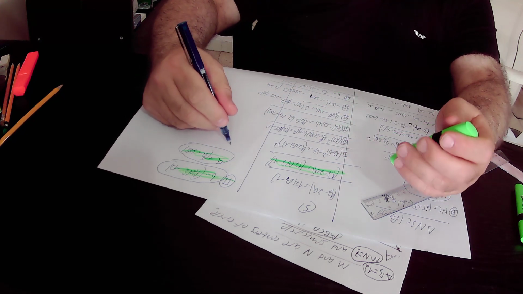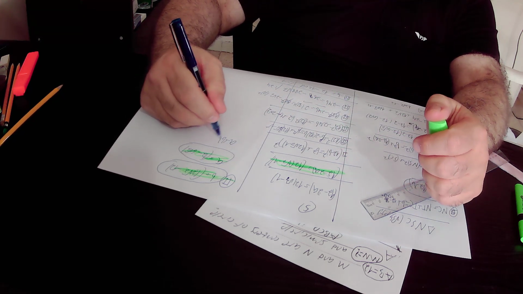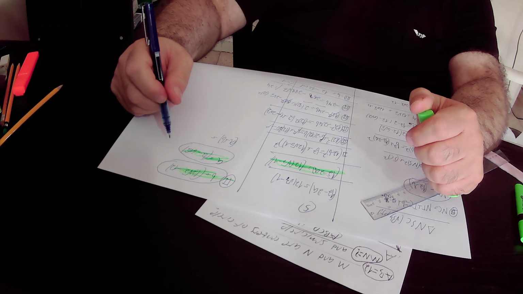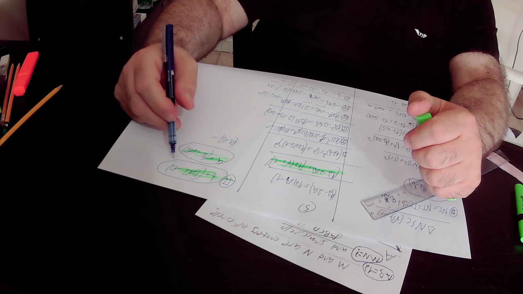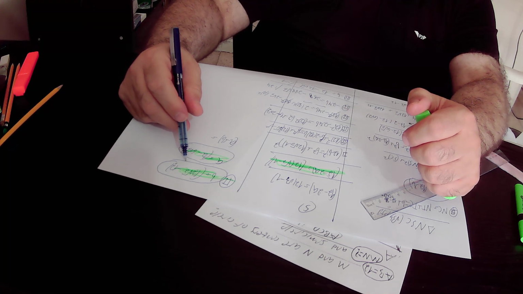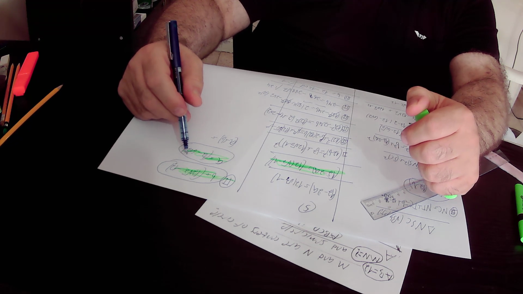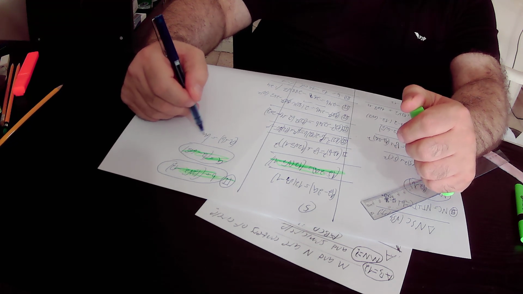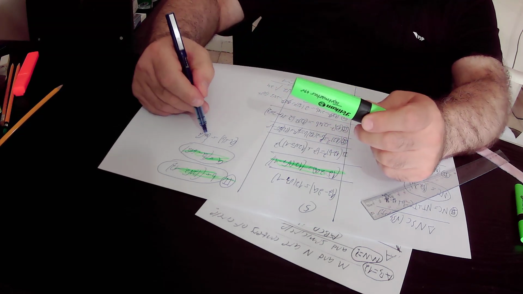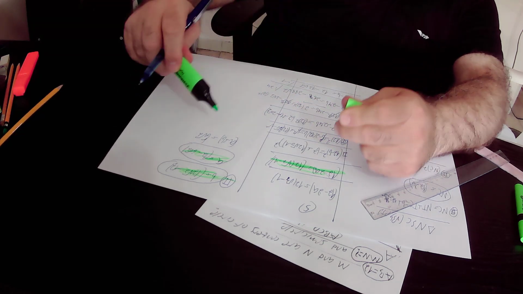And a plus b: here we have minus 12 plus 12 is 0, and 12 times square root of 2 minus 6 times square root of 2 is 6 times square root of 2. So in conclusion, we found out that a plus b equals 6 times square root of 2 units.